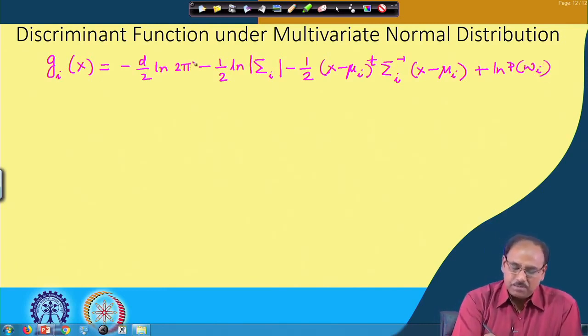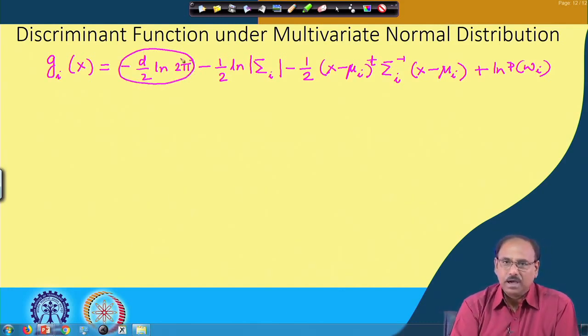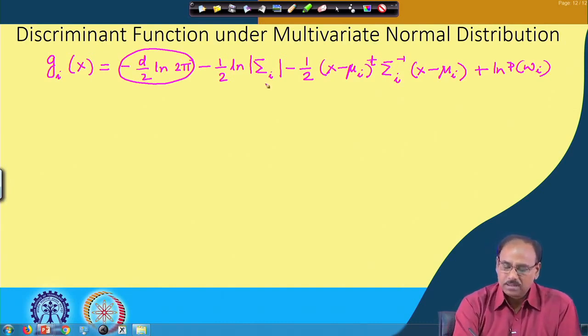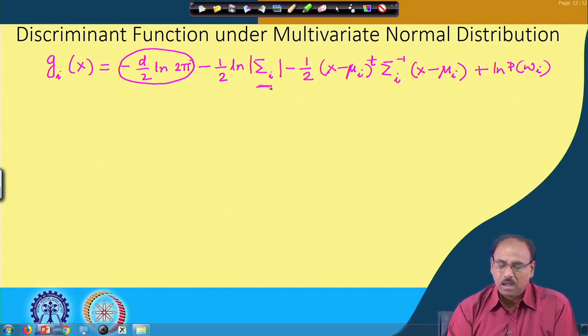So, here you find that as before, I can remove the first term from g I x, because it is the same for all values of I, whereas in the earlier cases we had ignored the term half log determinant sigma I as well, because sigma I was the same for all the classes. Now, sigma I is not the same for all the classes, it is different for different classes. So, I cannot ignore this term anymore.